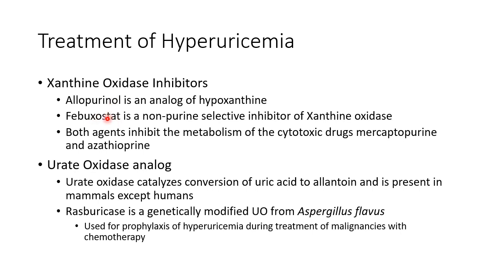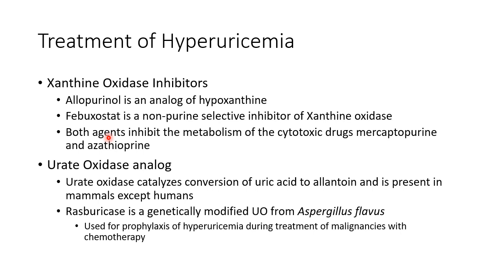Because these agents all in all inhibit xanthine oxidase, they have a potential drug-drug interaction with our anti-cancer agents mercaptopurine and azathioprine, which are degraded and eliminated from the body by xanthine oxidase. Can you just imagine what happens if you are a patient taking azathioprine, an anti-cancer drug which is highly toxic, and you're also taking in xanthine oxidase inhibitors?